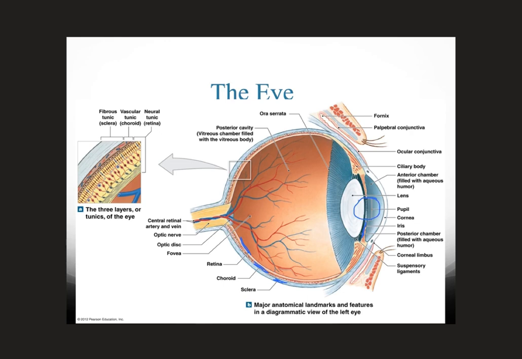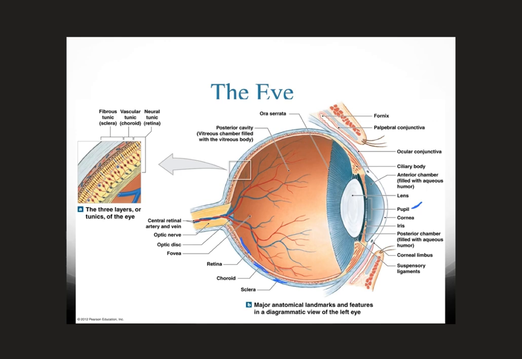And the light goes in through this other structure that's called the pupil. Okay, so the iris is the muscle that controls the amount of light that goes in. So the lighter the environment is, the smaller the pupil will be. And the darker, the larger the pupil.